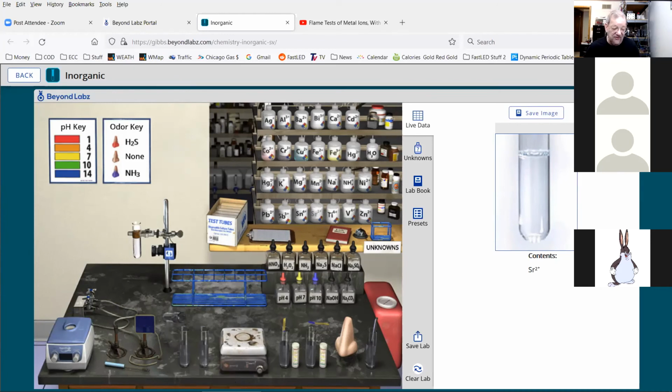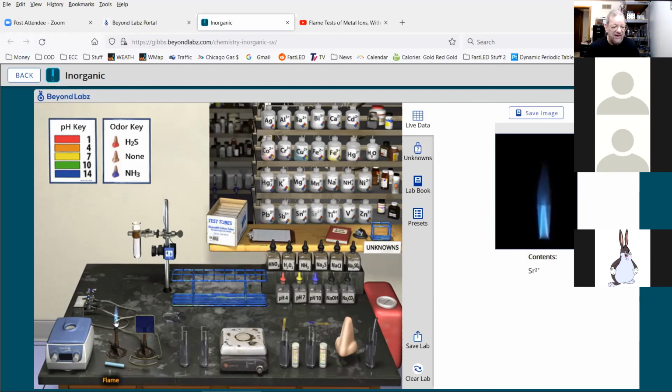A Bunsen burner I have. And what you'll do is click on the flame. If you notice on the right, the flame is turning a red color. That's how you do it.